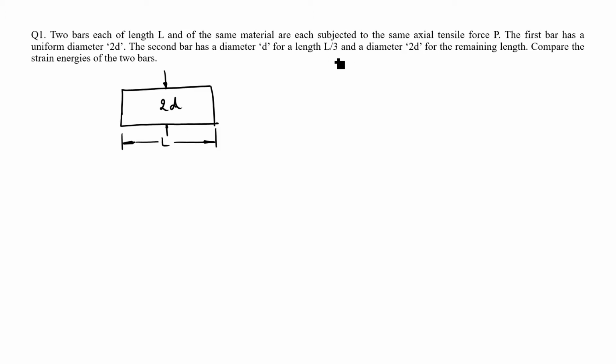So 1/3 of the length has diameter d and a diameter 2d for the remaining length. When I say 1/3 is d, obviously 2/3 is going to be 2d.